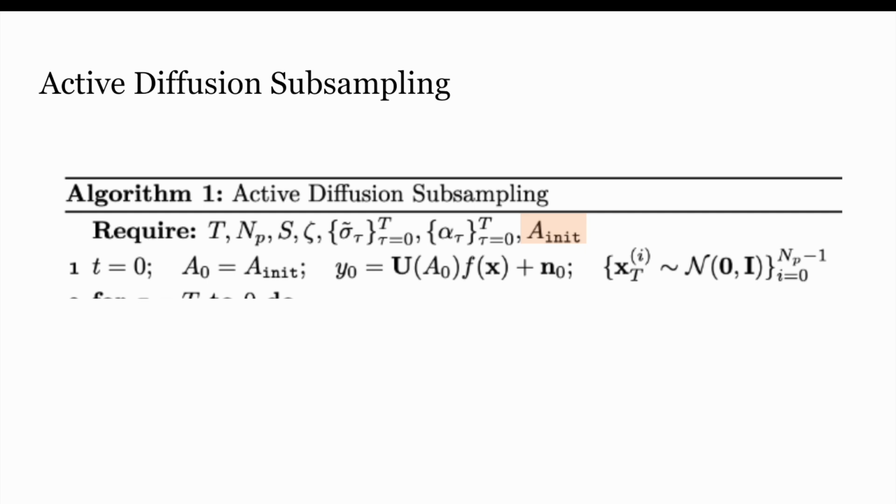In our fast MRI experiments, for example, we initialize with a measurement of the DC component of the Fourier transform, so just the center, the lowest frequency component. You might do this to speed things up a little bit, because sometimes it's obvious where the first sample should be.